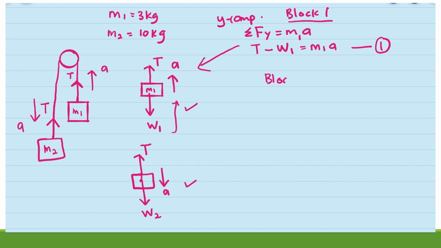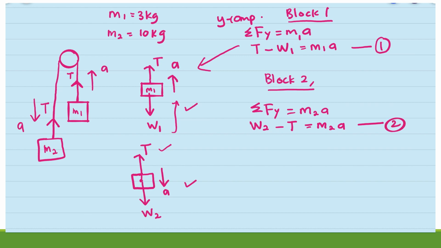For block 2, summation Fy equal to ma. Why Y? Because the motion of the object is in the Y component. You can see tension is opposed to the acceleration, but weight is in the same direction as the acceleration. So W2 minus T equal to M2A. This is equation number 2.